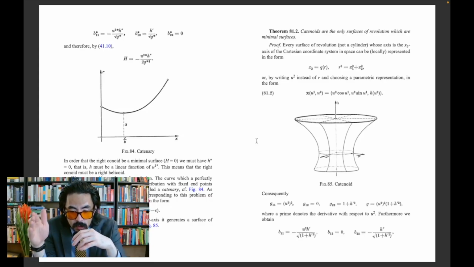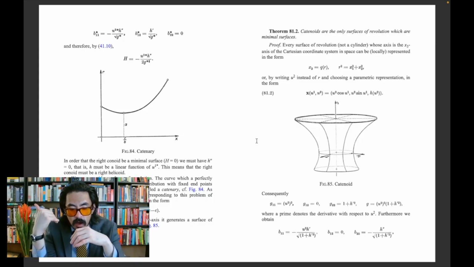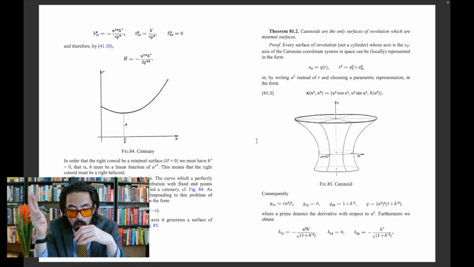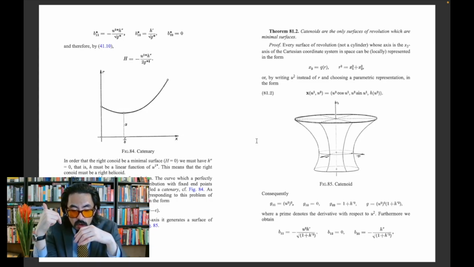Consequently, because of this parametric representation, we have the following components and discriminant of the first fundamental form: g sub 1 1 equals u2 squared, g sub 1 2 equals 0, g sub 2 2 equals 1 plus h prime squared, and finally the discriminant, lowercase g, is equal to u2 squared times the quantity 1 plus h prime squared, where again a prime denotes the derivative with respect to u2.